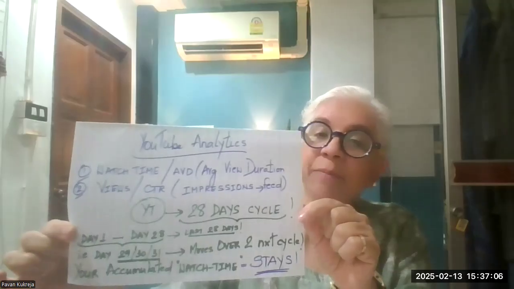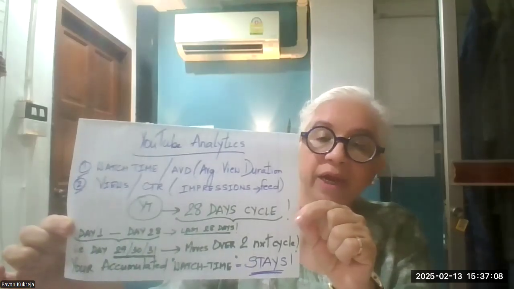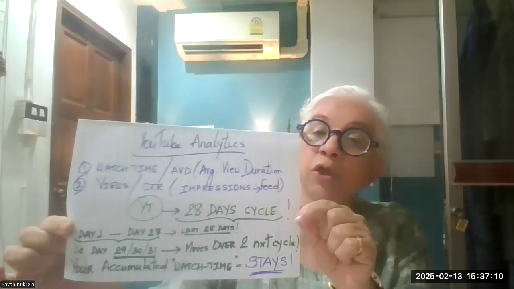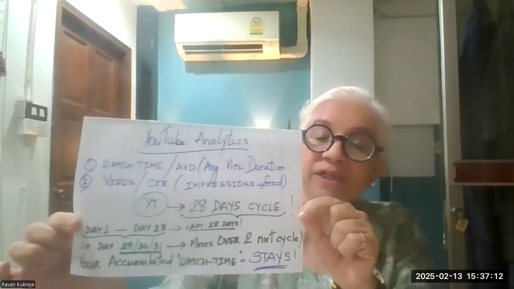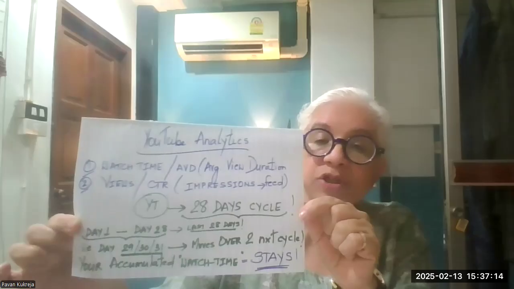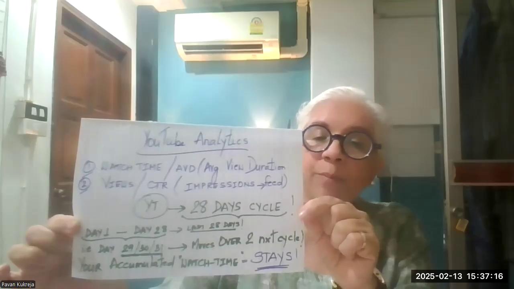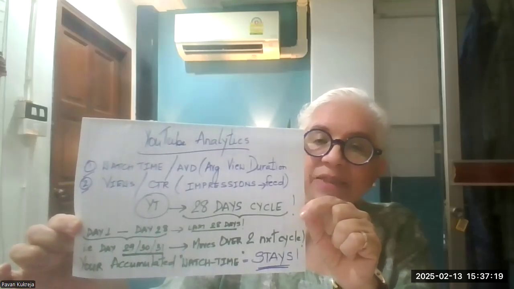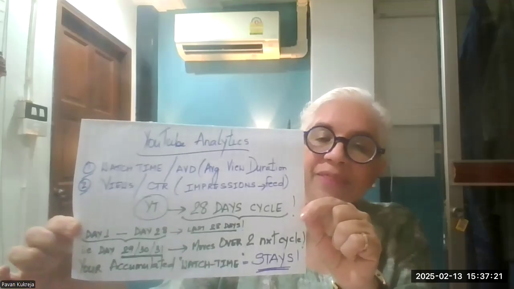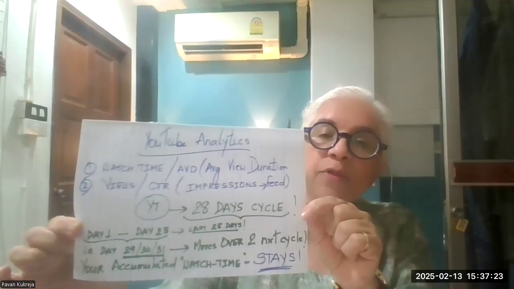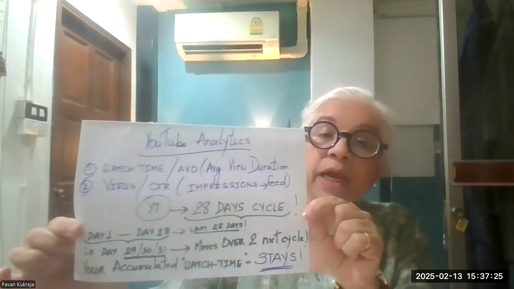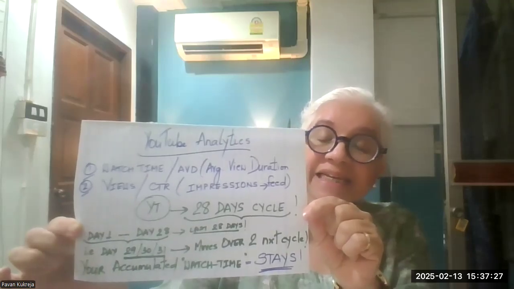So once again, coming back to the month of January, which has 31 days: your cycle of calculated hours, watch time, impressions, etc., will break away at 28 days in the month of January. And then the 29th, 30th, 31st will be moving over to the second cycle.